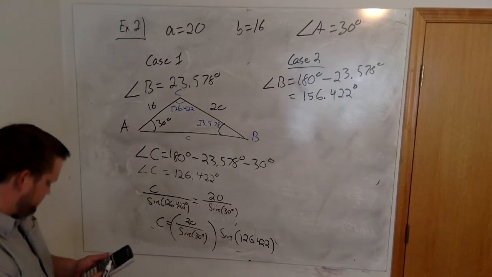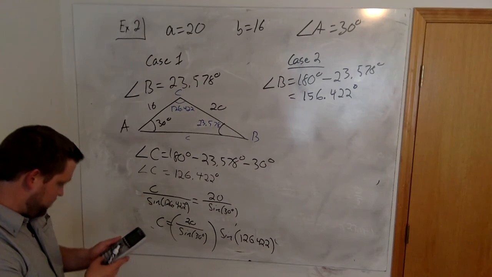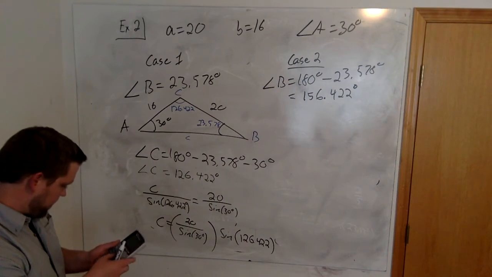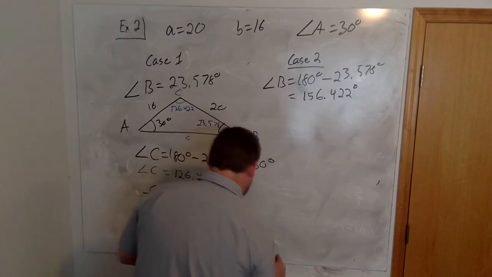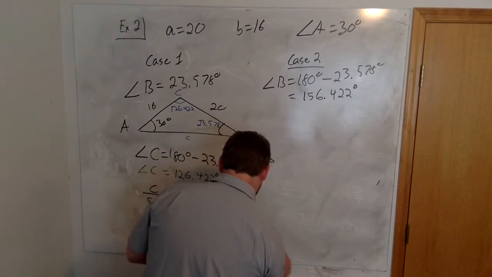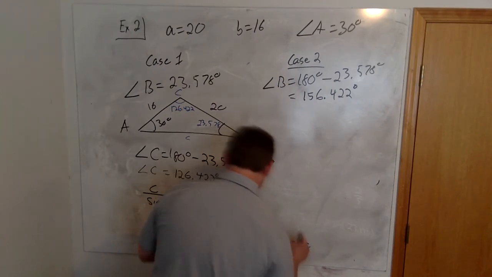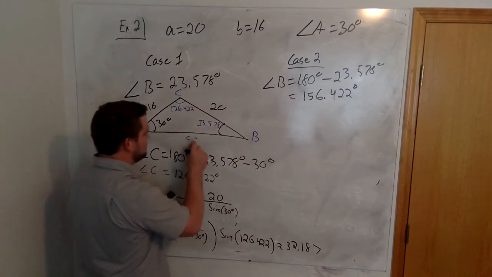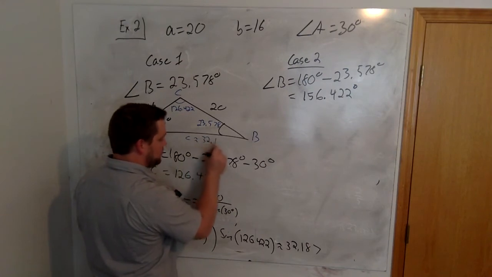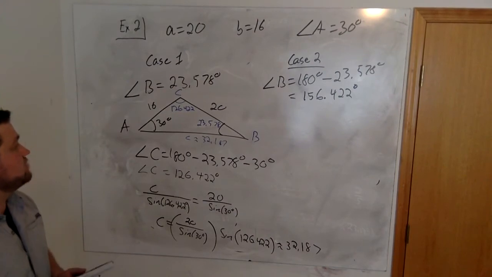So let's see what we get. 20 times the sine of 126.422 divided by the sine of 30. I get that length C is going to be approximately equal to 32.187. So this side length here would have to be equal to 32.187. And there we have the triangle for case 1.